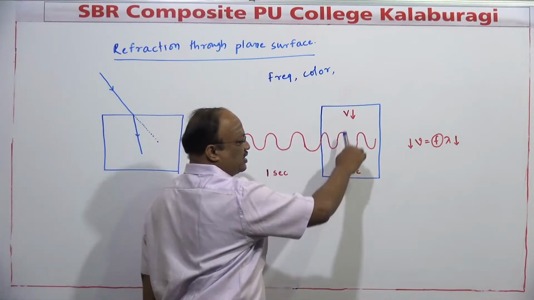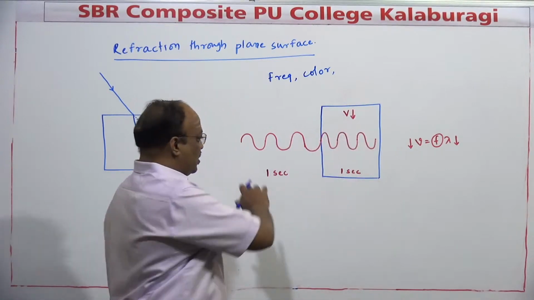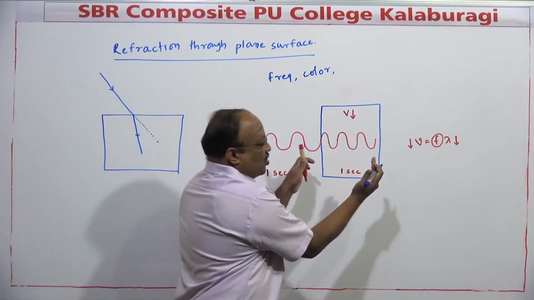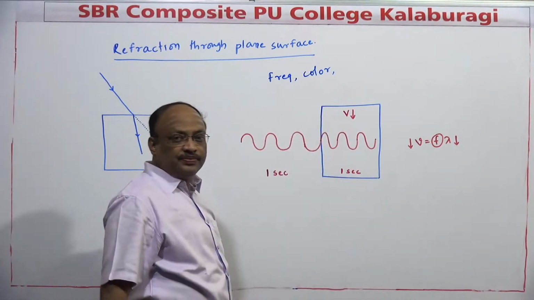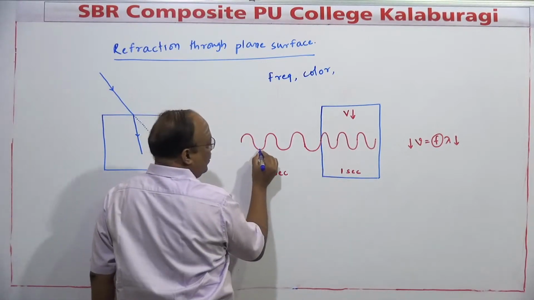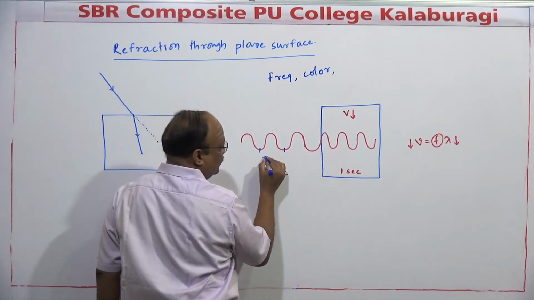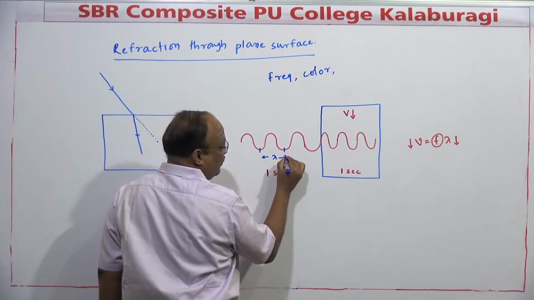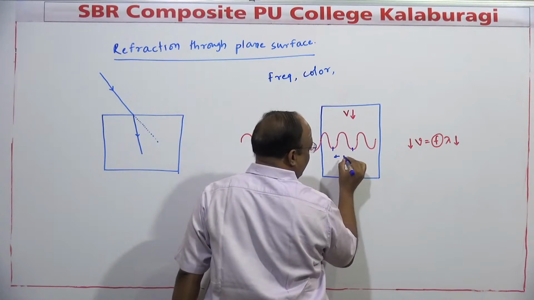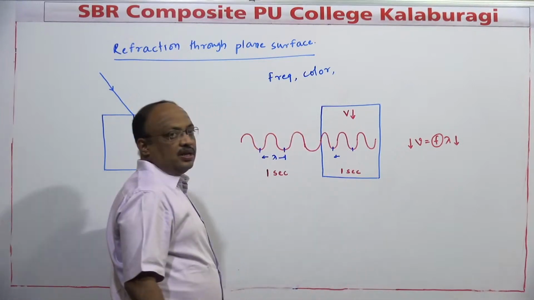The same phase. The wave has compressed. The wave is traveling in the same way, only it has compressed a little. That's all. Wavelength has decreased.